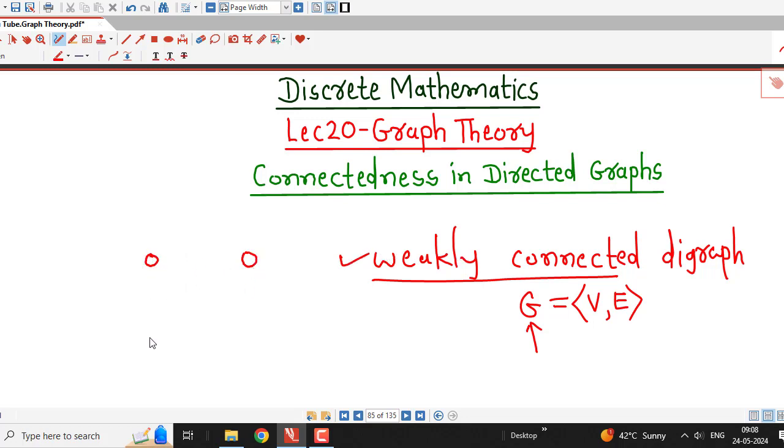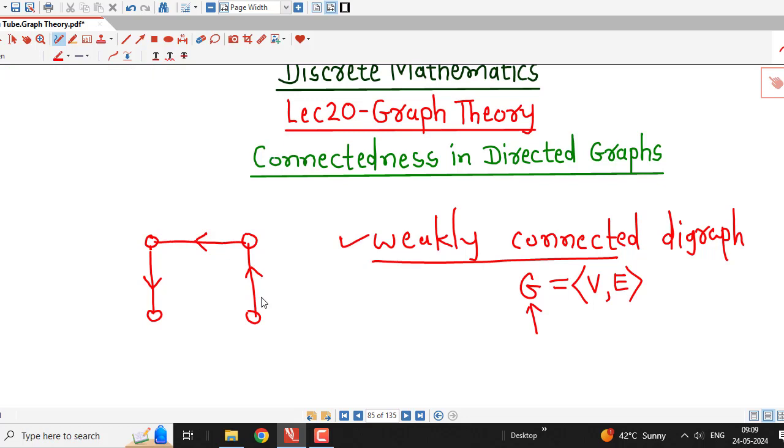For example, suppose I have this graph and this is directed graph because all the edges are directed edges. Now if we ignore the directions, then we will have this underlying undirected graph. This is the undirected graph corresponding to this directed graph, in which we neglect the directions of edges.